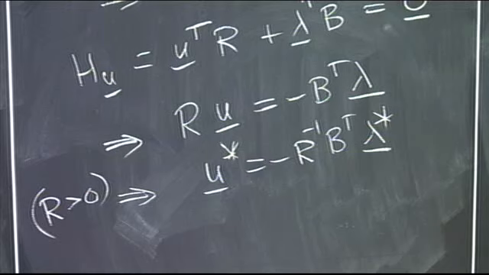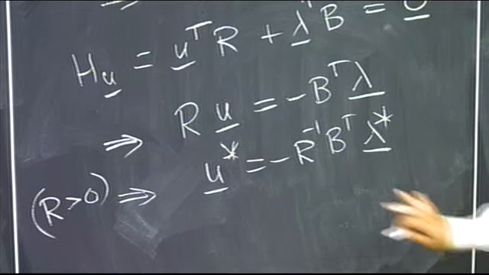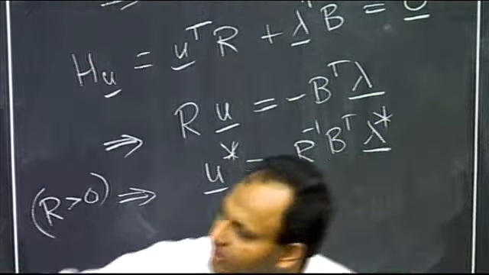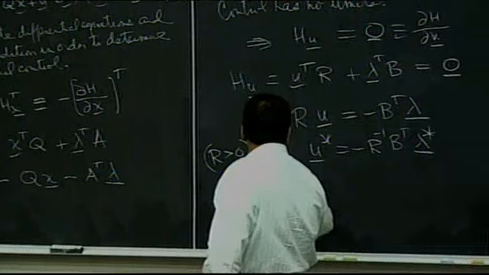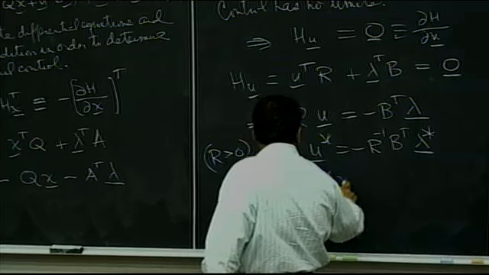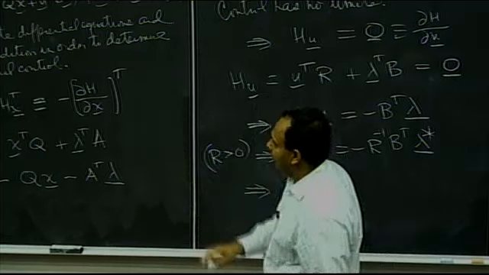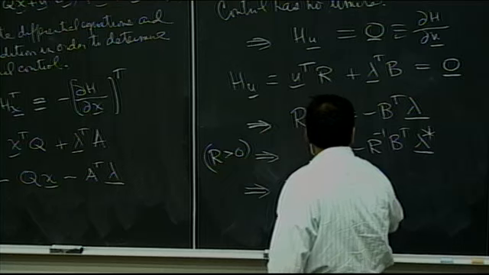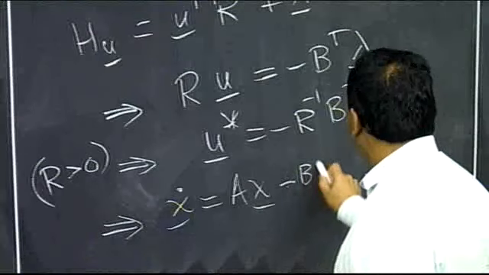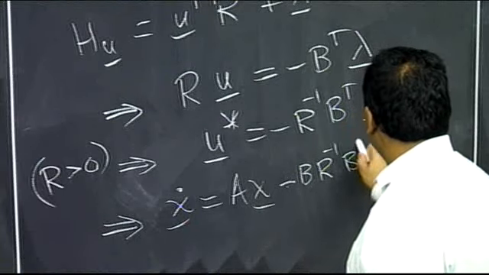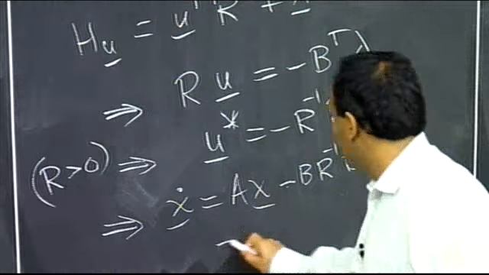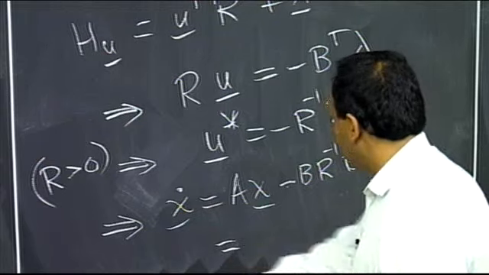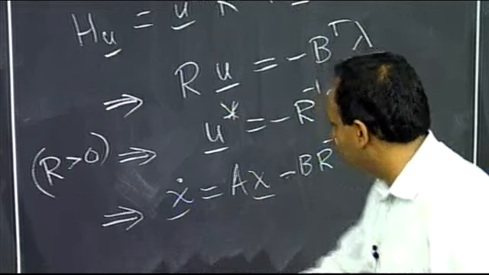So that's the optimal control. Now, if you look at that, you can substitute that control into the state equation, and you get x dot is equal to Ax, and now you just substitute in for the control, so you get minus B R inverse B transpose times lambda. Well, that's all you can do with that. We'll write this in vector form in just a second.